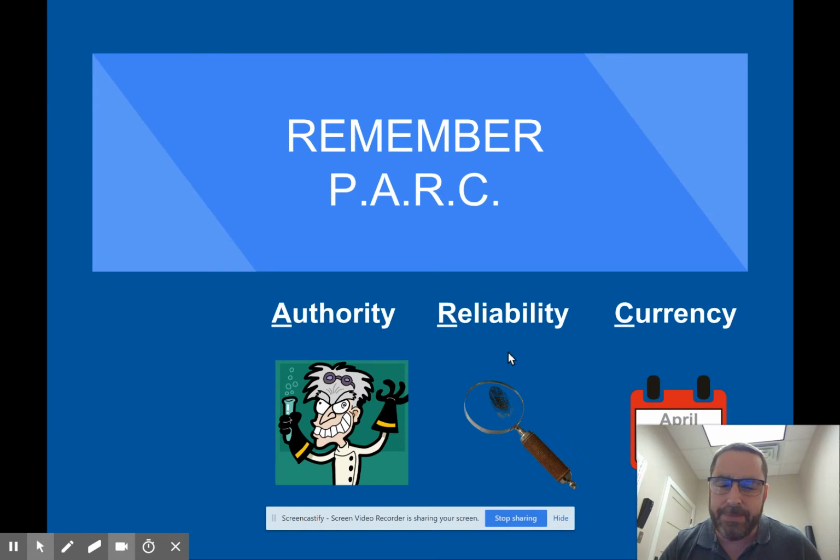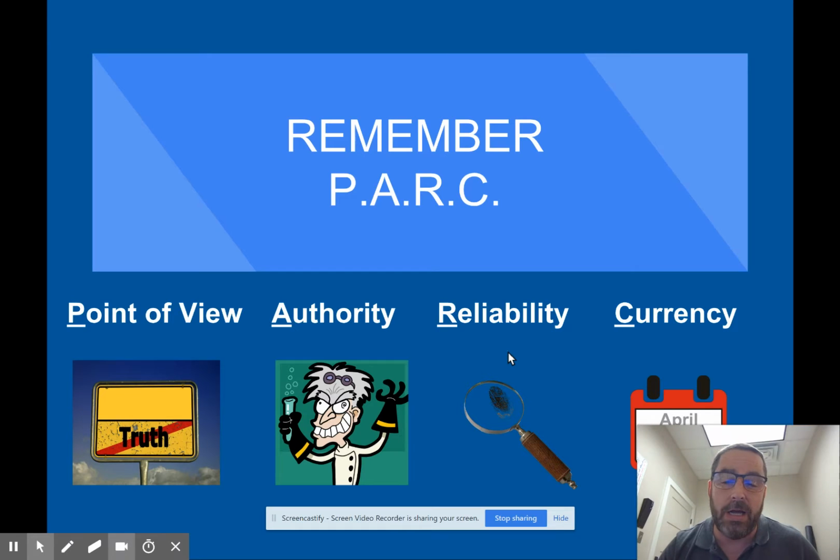Also, the authority. Can we verify, one, who created this website? Number two, can we verify this person is an expert in that field? And is that person unbiased? And then point of view, which has to do with objectivity too. Do they have their own personal agenda? We'll go over these criteria in a little more detail in the next few slides.